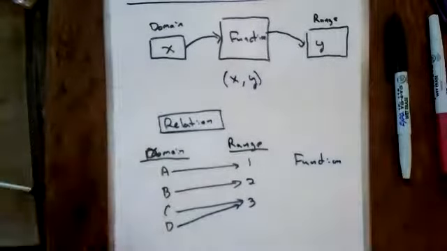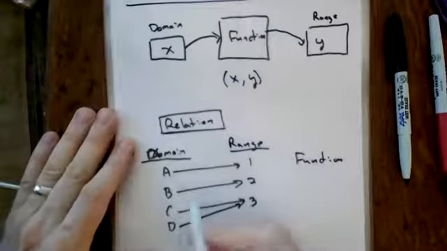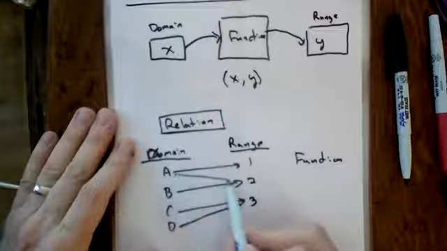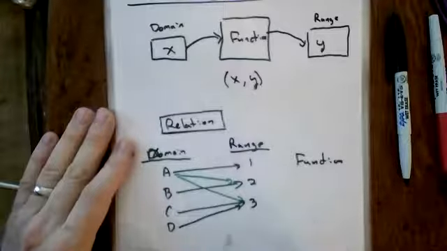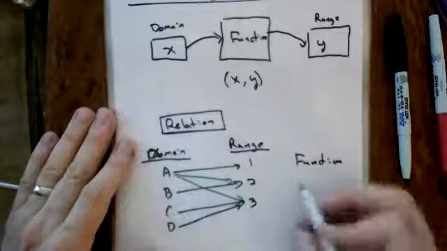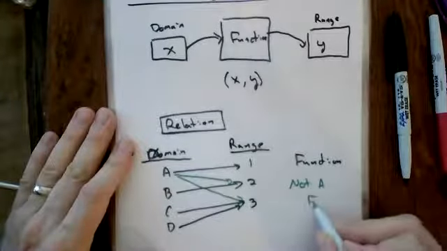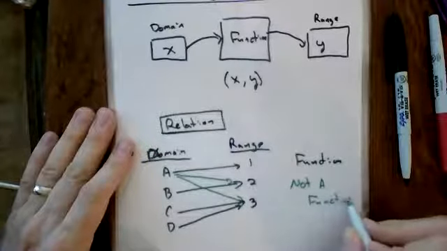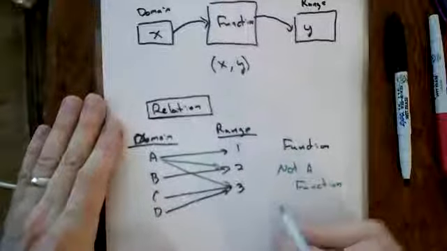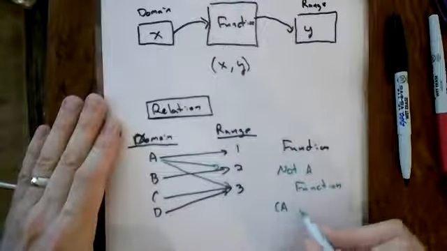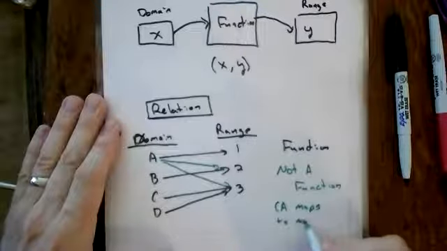What wouldn't be a function is if I take this same list of A, B, C, D, 1, 2, 3, and all of a sudden A could be 1 or 2 or 3. As soon as I do this, it is not a function, because A maps to more than one thing.